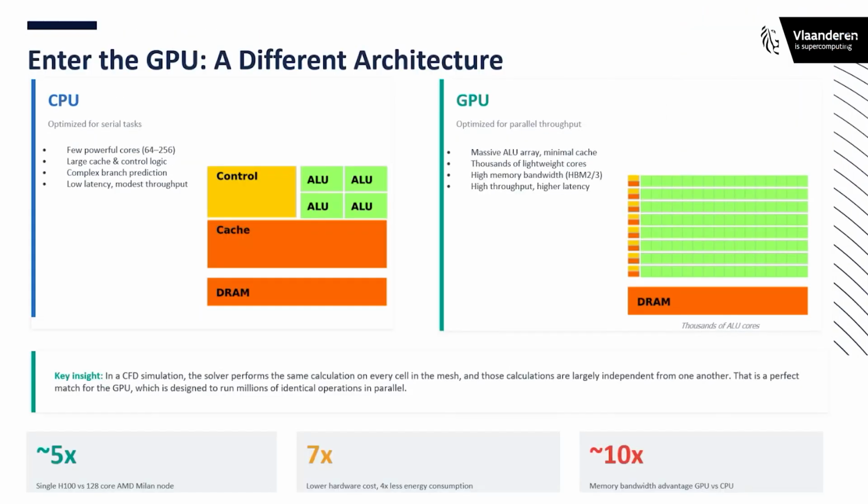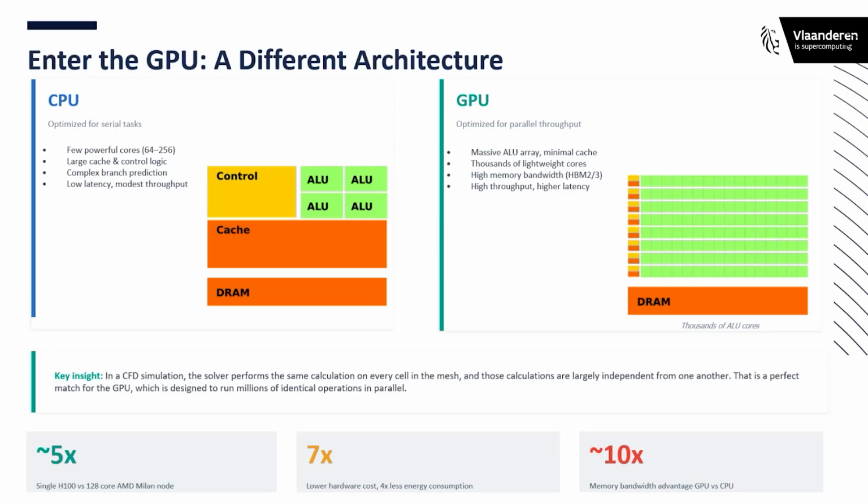How can we explain these big differences and the change to GPU? Then we have to look at the architectural differences between a CPU and a GPU. In the left picture, you see the architecture of a CPU, which is optimized for serial tasks. We have some powerful cores there, controlled by a control unit and supported by a large cache.